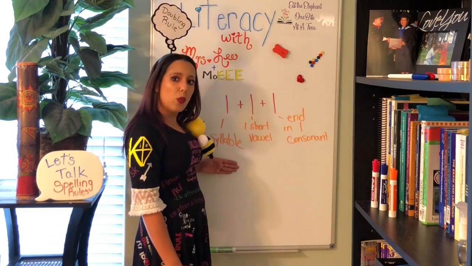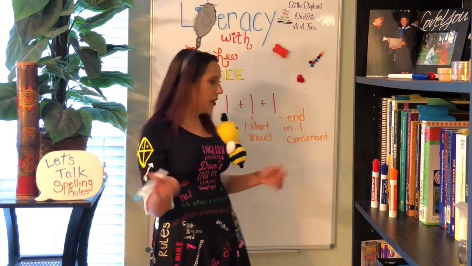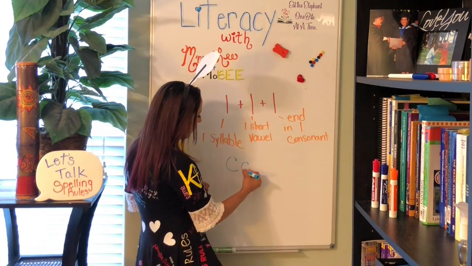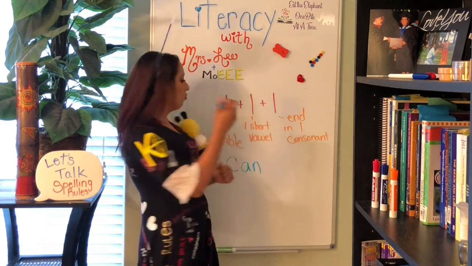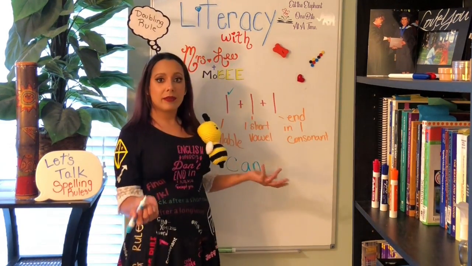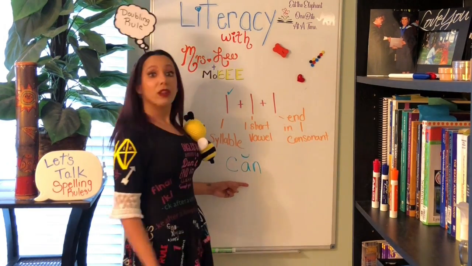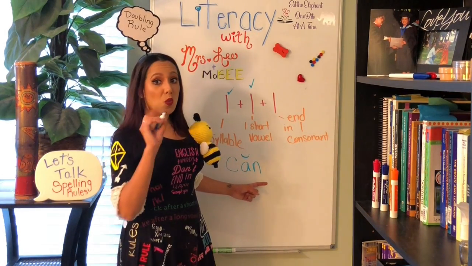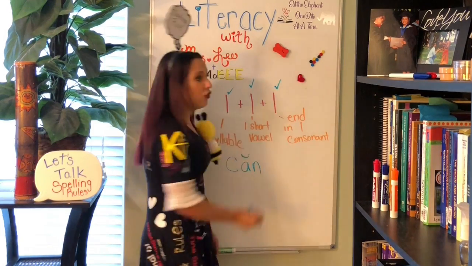Can. Is it one syllable? Can. Yep. Let me write it down so you can follow along. Can. One syllable? Check. One short vowel? Check. It ends in one consonant? Check.